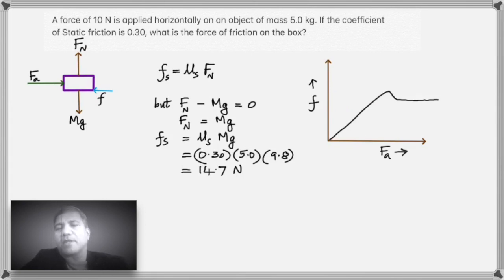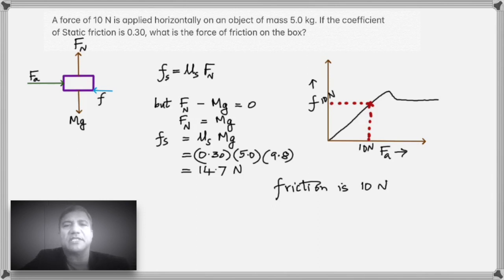So like I'm showing here, if the applied force is only 10 Newton, although the maximum static friction could be 14.7, right now, since the applied force is 10 Newton, friction can only be 10 Newton. I hope that's very clear. So in this case, the answer is friction is 10 Newton.